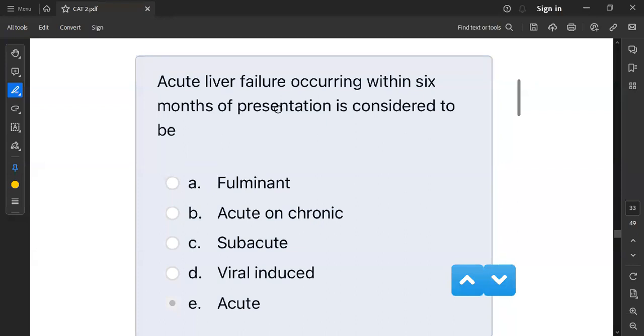Fulminant is within 2 weeks. Acute and chronic, the middle, no, not 2 weeks, 6 months, thereabout. And then we have subacute. We have viral induced, that is probably the definition of hepatitis. And then you have acute, that is within 6 months.